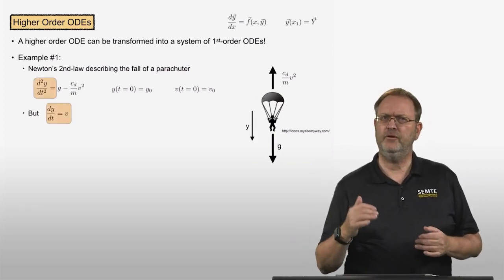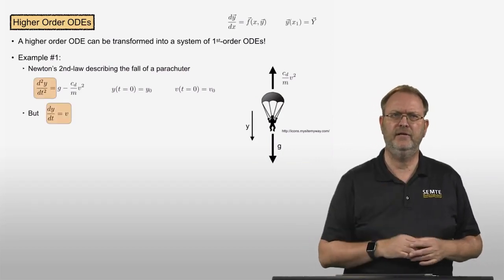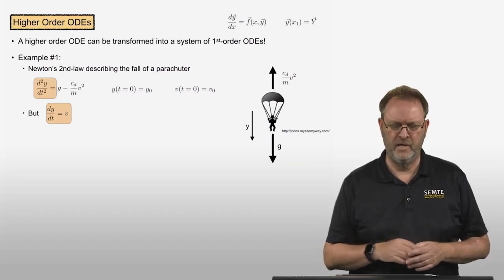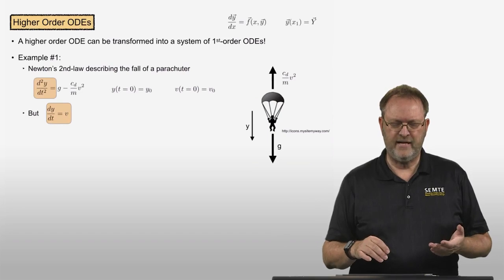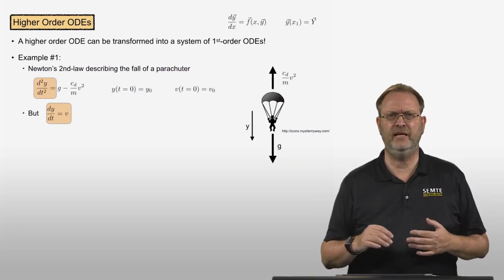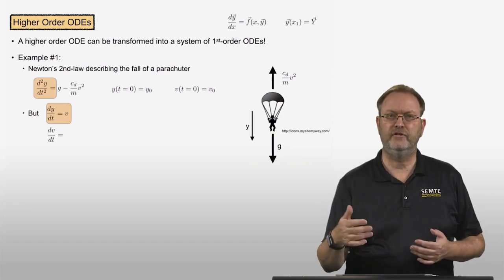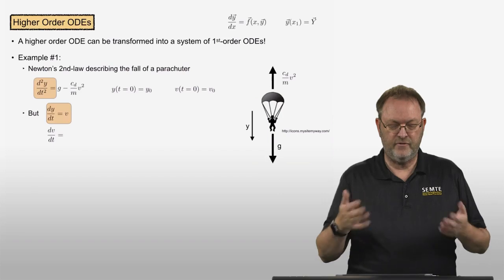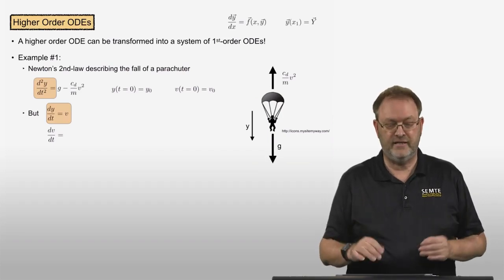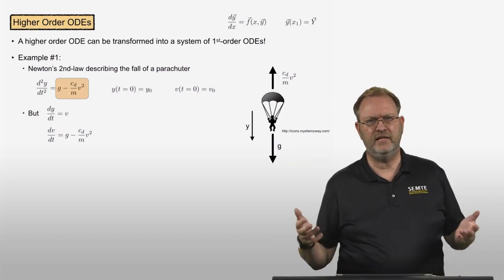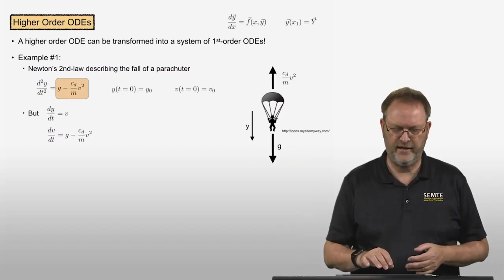So let me use this in the equation that used Newton's second law. That means that the second derivative of y with respect to t is really the first derivative of the velocity with respect to time. So Newton's second law can also be written as dv dt is equal to this right-hand side, g minus ct over m times v squared.